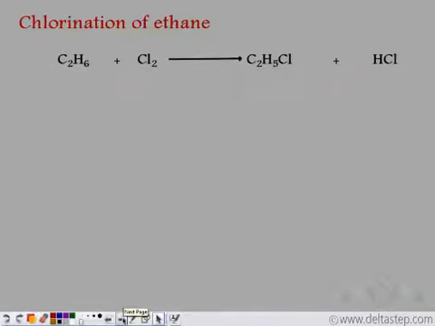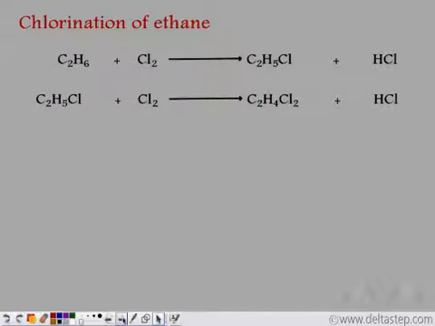When ethane is made to react with chlorine, first one hydrogen atom is replaced by a chlorine atom. So it forms C2H5Cl plus HCl, and this process continues step by step. Each time one hydrogen atom is replaced by a chlorine atom. So from C2H5Cl, it forms C2H4Cl2.